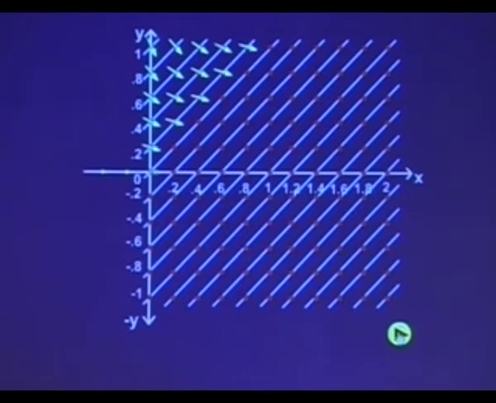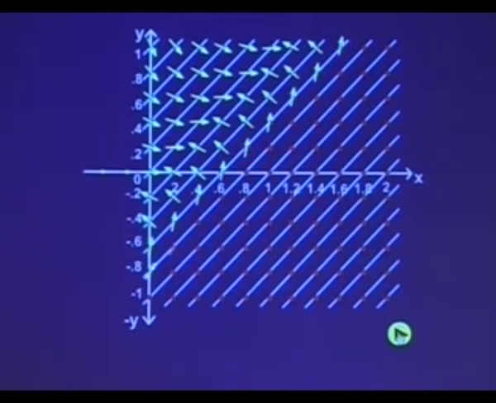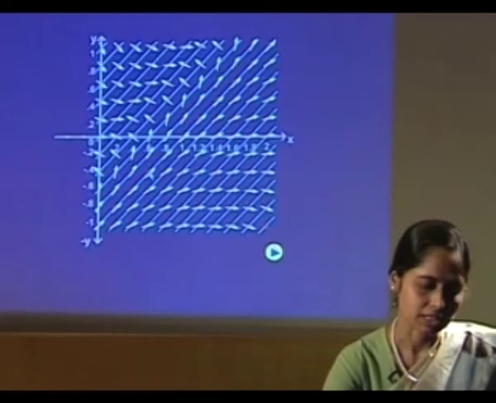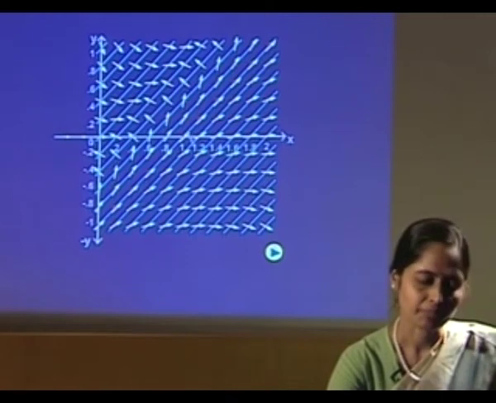At 0 the slope is horizontal, then we go to the positive side and the slope is upward. Then one more thing we see: at y is equal to x plus 1, the direction of the isocline as well as that of the slope is matching.